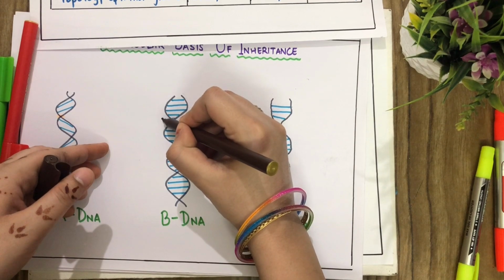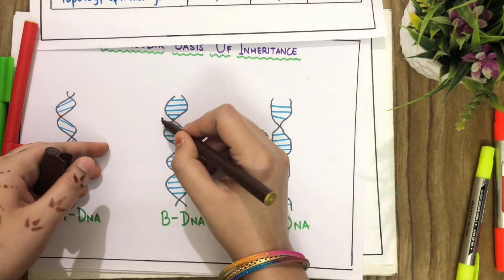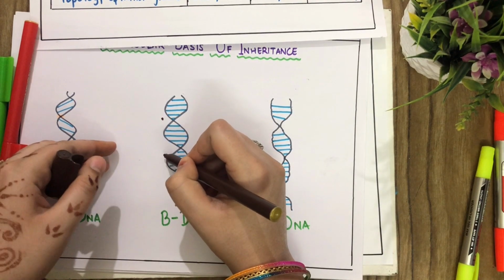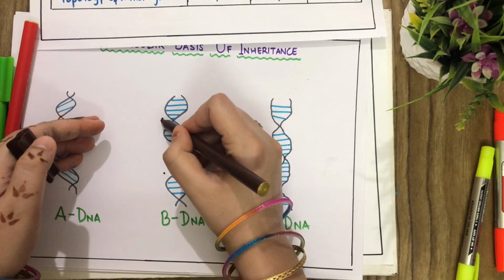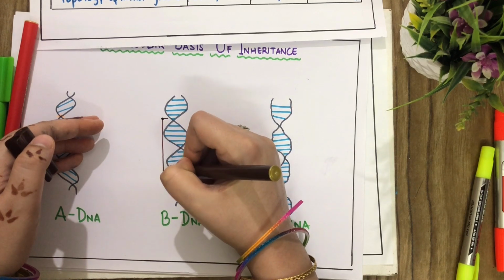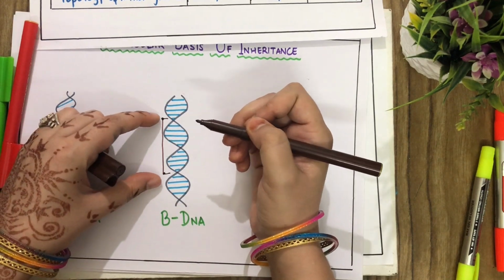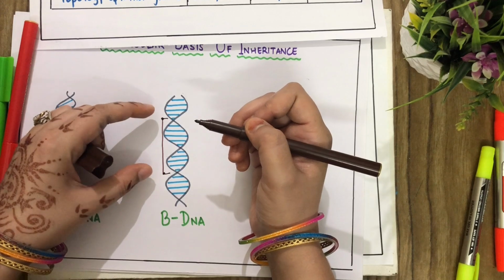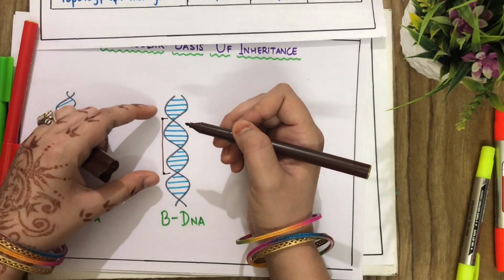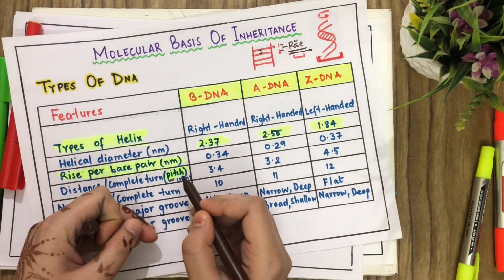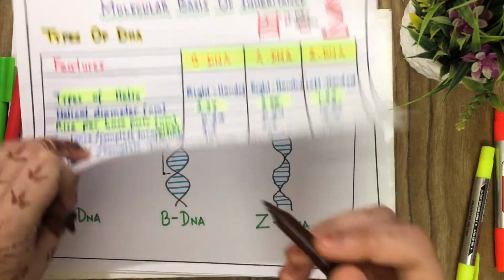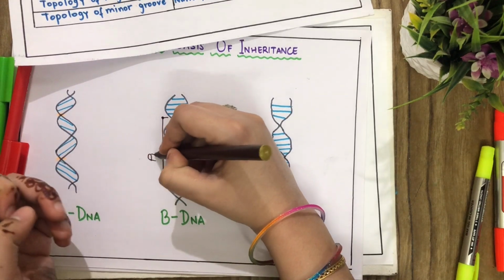From one point to the next point, from here to here, this is one complete turn, and this distance is known as pitch.